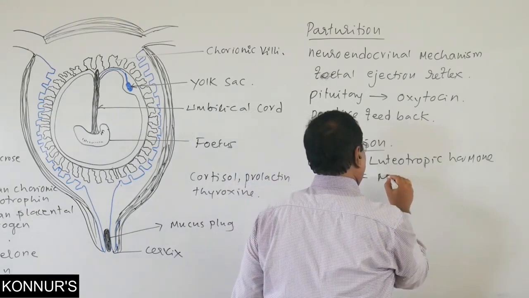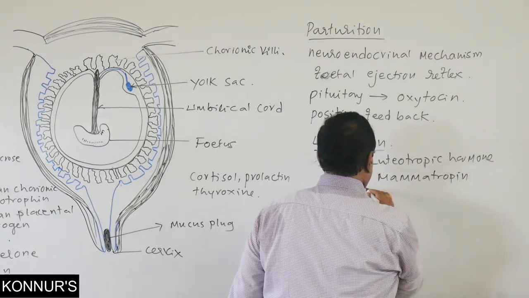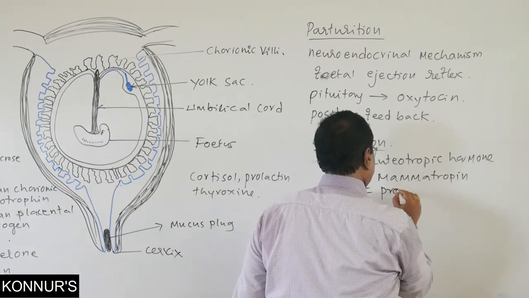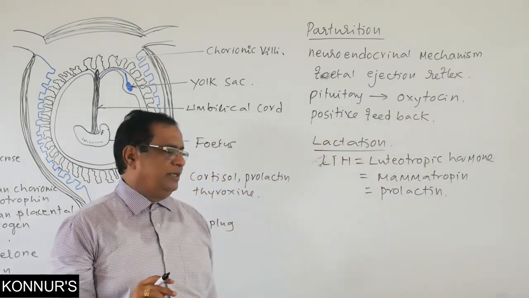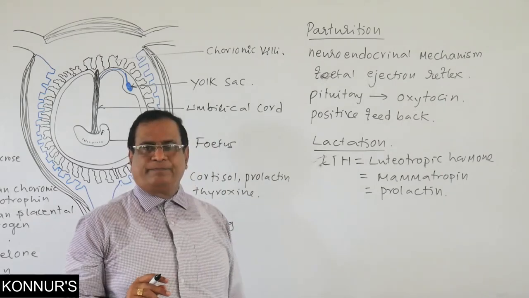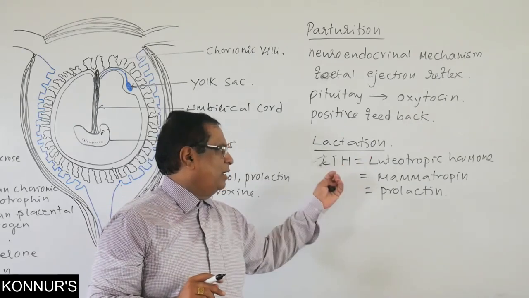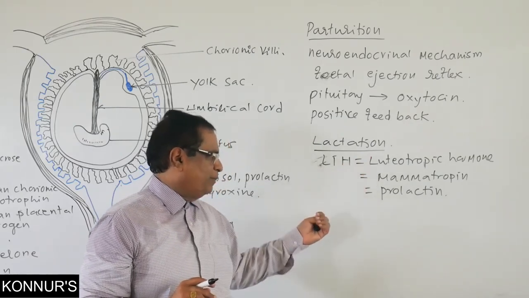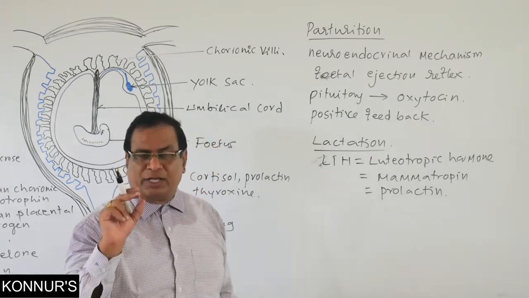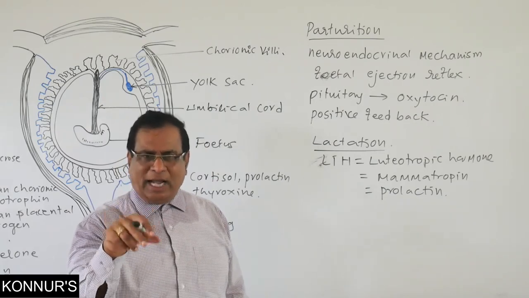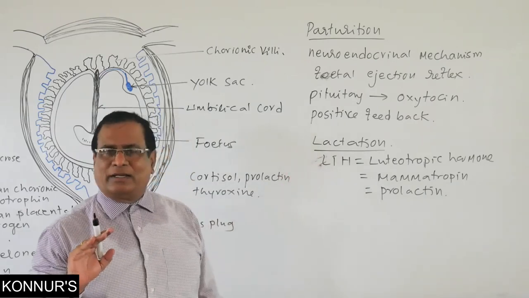This hormone is also named mammotropin and also named prolactin. LTH is otherwise said to be luteotropic hormone, mammotropin and prolactin, and this is the hormone that helps for the production of milk in the mammary glands at the end phase of pregnancy, that is lactation.